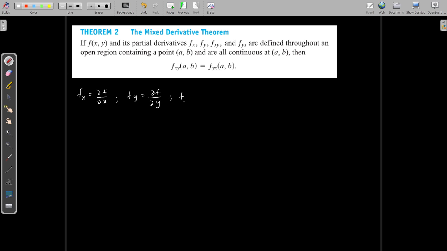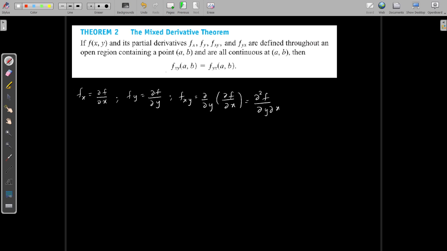And fxy is the derivative d by dy of df by dx, so that is a representation for fxy, equal to d square f by dy dx. So differentiate with respect to x first, then y. Similarly, you can define fyx.